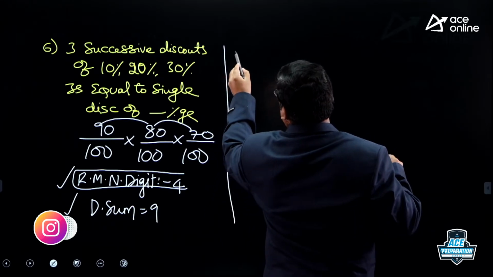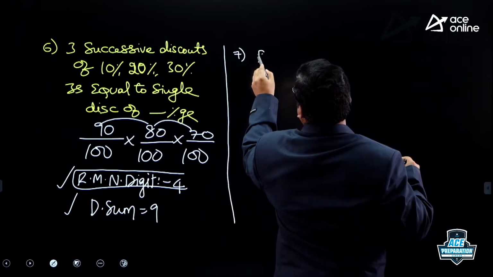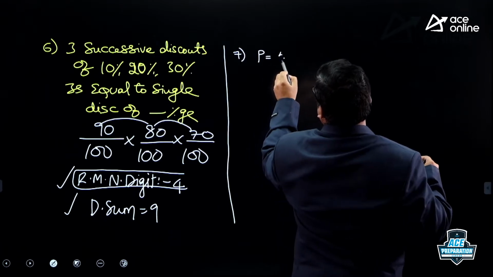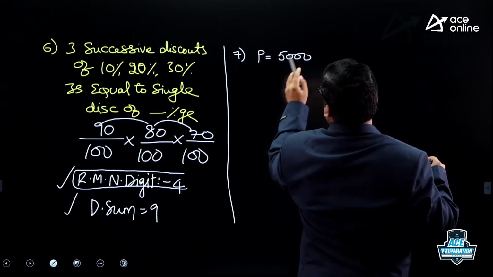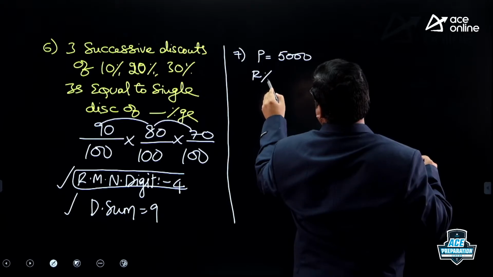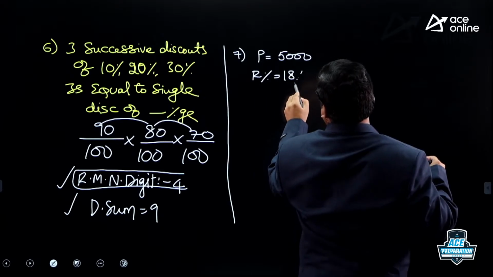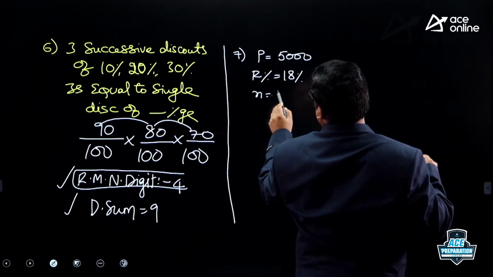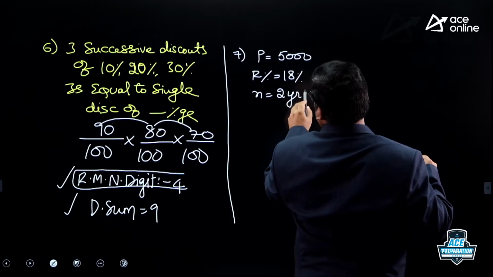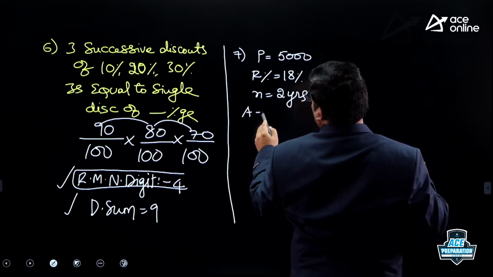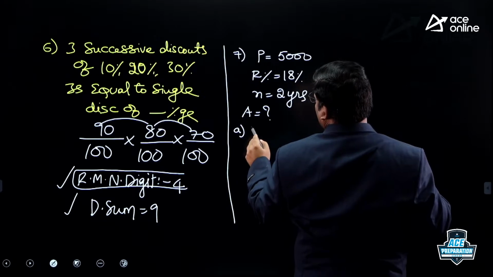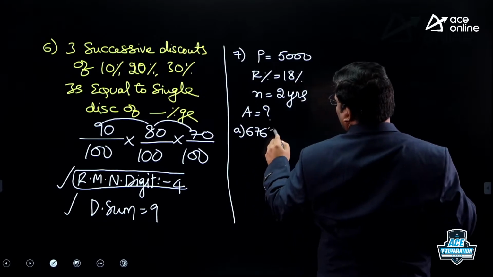7th one. Principal, suppose for example, 5,000. R percentage is 18 percentage. N is 2 years. Amount equivalent to how much? 6762, 6862, 6962, or 7062. Listen carefully, sir.